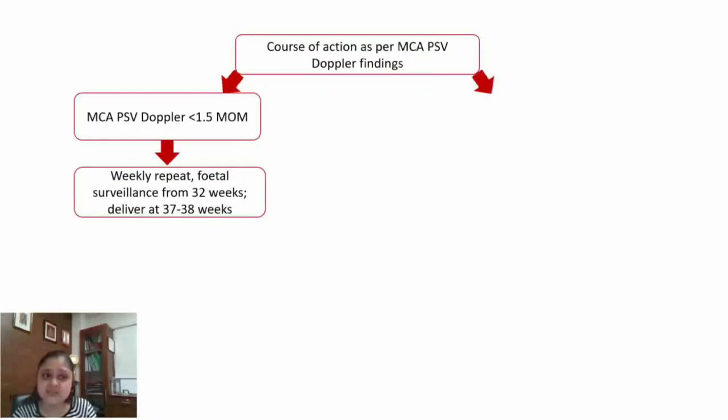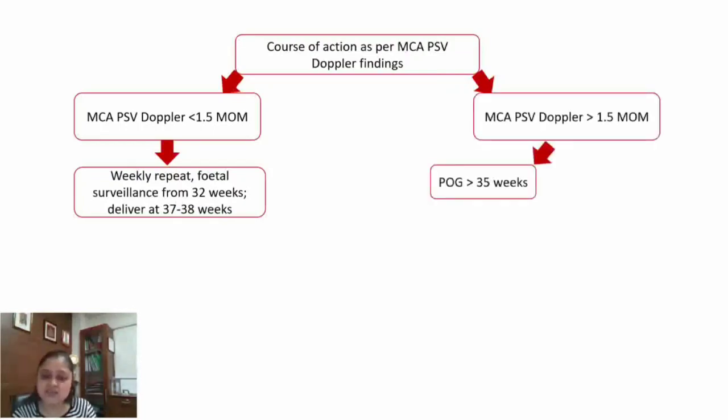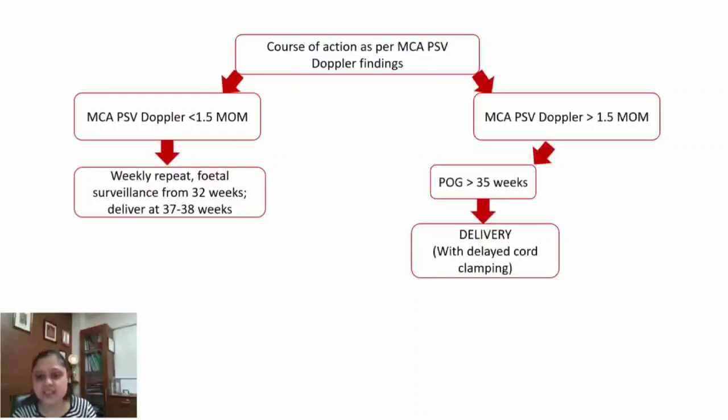However, if this MCA-PSV Doppler value is more than 1.5 MoM, then we are going to see what the period of gestation is. If it is more than 35 weeks, then we are going to deliver, along with delayed cord clamping.